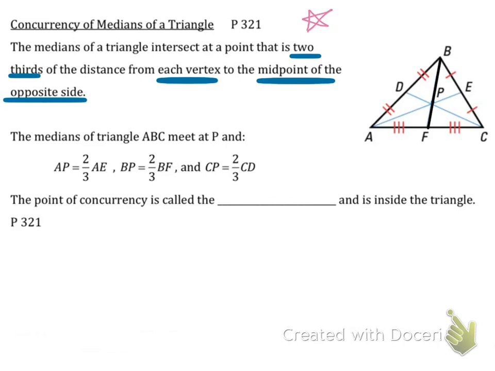Now let's change color, and let's say from B, I'm starting at B, and stopping here. Okay, so from B to here, that is 2/3 of the length from B to F, okay?